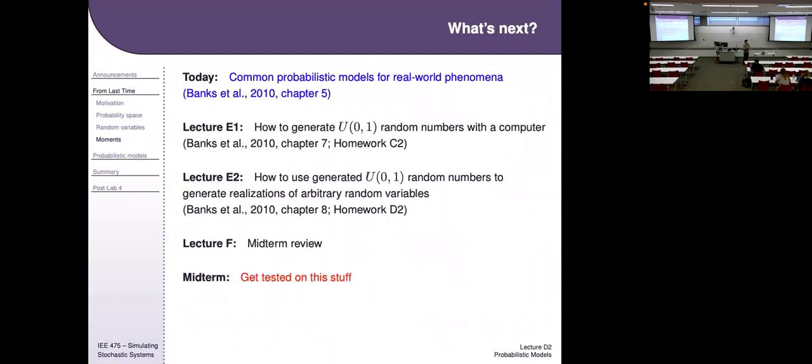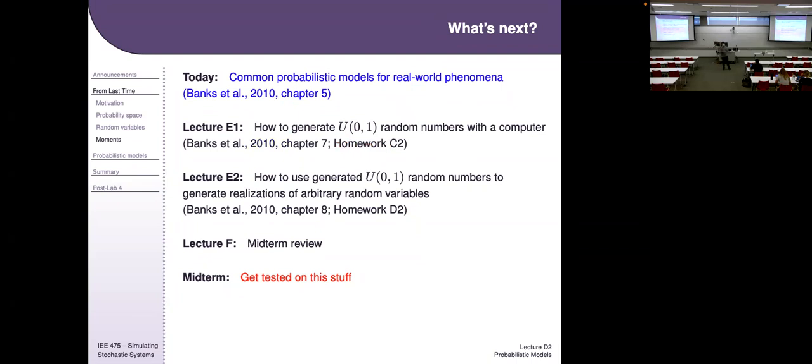All right, great. So looking forward, for the rest of the day we're going to talk about some common models and how we use them for different real world phenomena. When you go into Arena and start building the models, and it asks you what probabilistic model to put in there, we have to know how to choose. This is where we start to build up that vocabulary. Then in the next lecture, we're going to talk about how to generate uniformly distributed random numbers.